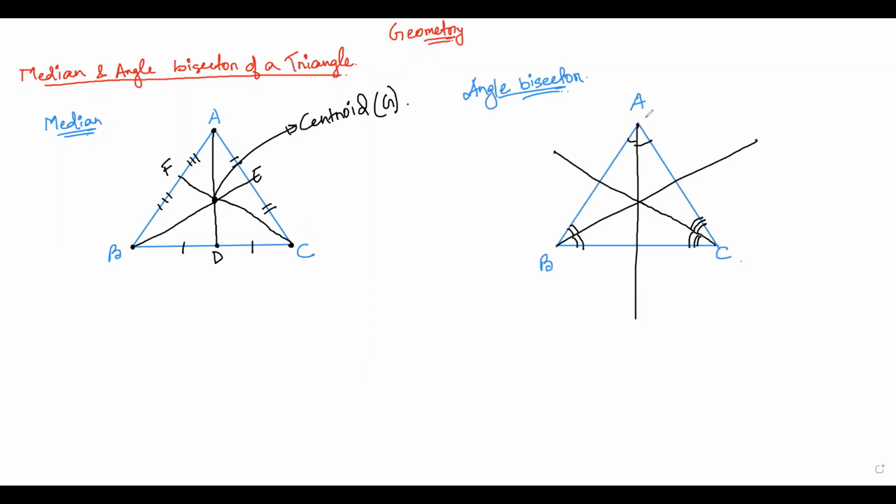Now, let us see what is an angle bisector of a triangle. Suppose again we have a triangle ABC such that angle A, angle B, and angle C are the three angles of this triangle.